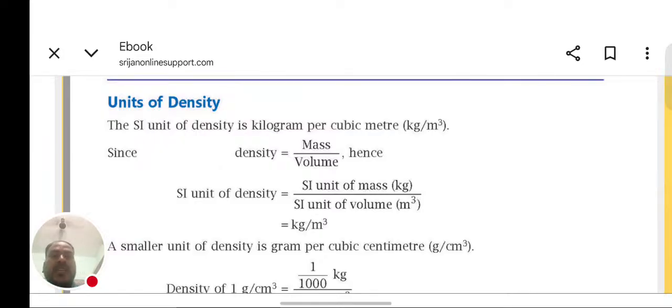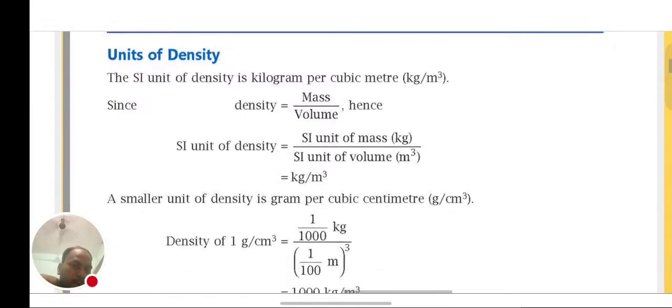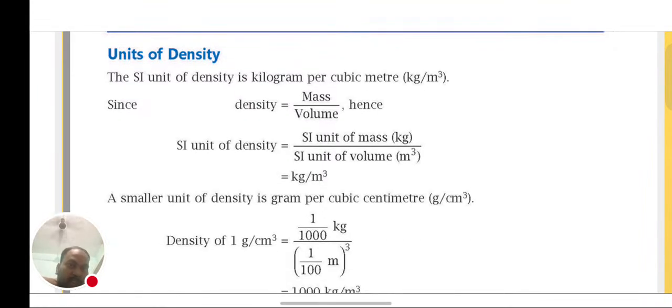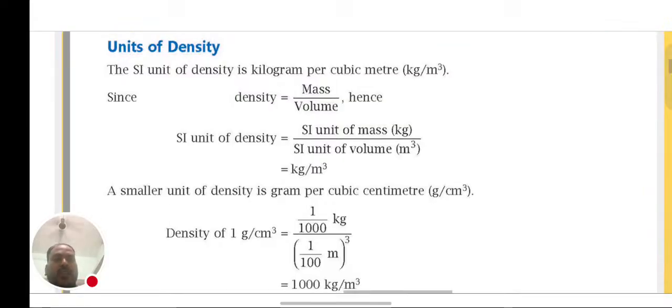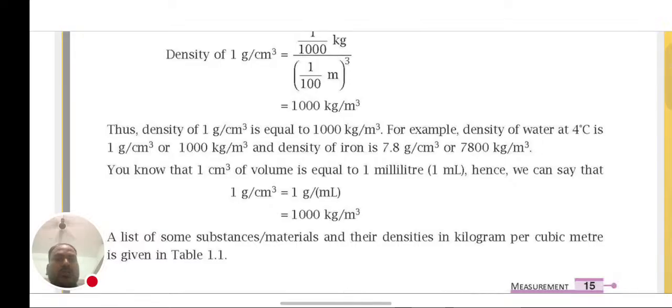So the SI unit of density is kilogram per meter cube. 1 gram per centimeter cube equals 1000 kilogram per meter cube.